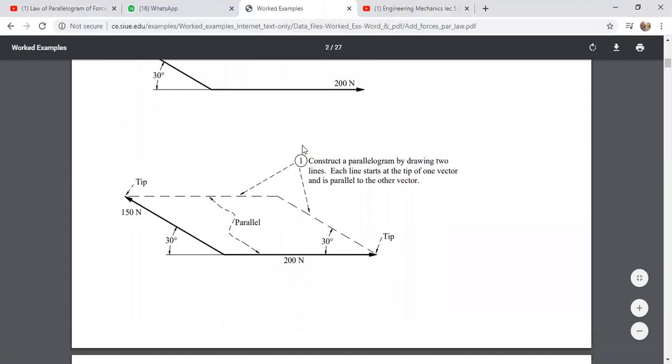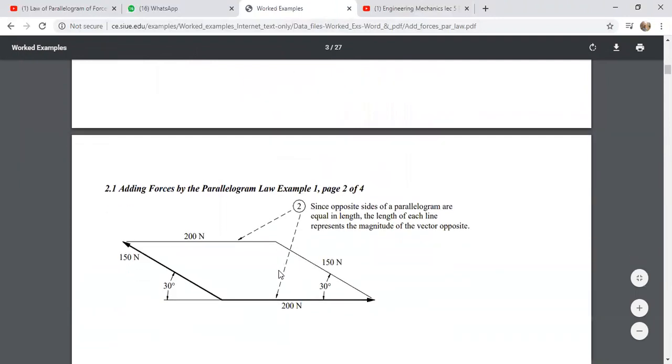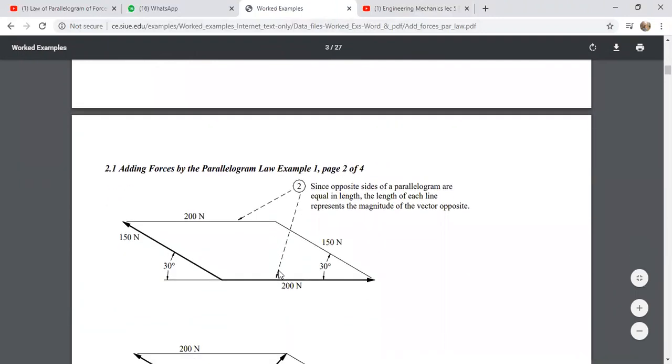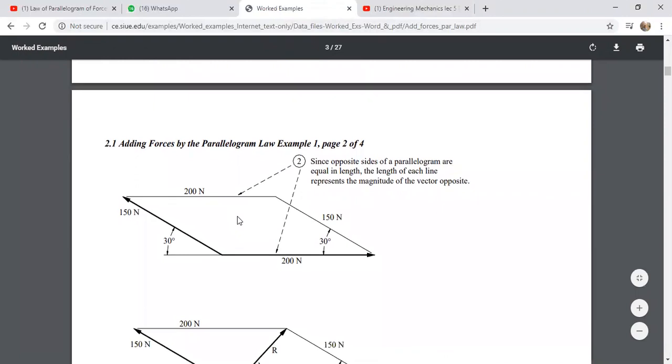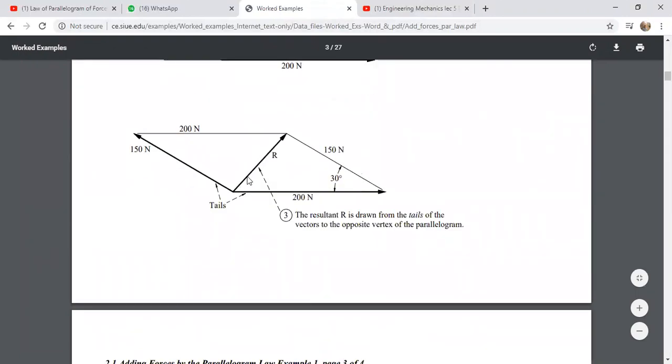So what we have to do is construct a parallelogram by drawing two lines. Each line starts from the tip of the vector. This is the tip. Here we can go like this. After constructing, these are the two opposite sides, and this represents the resultant.